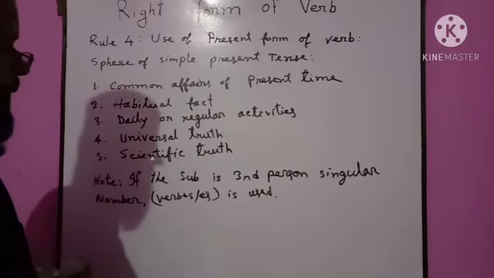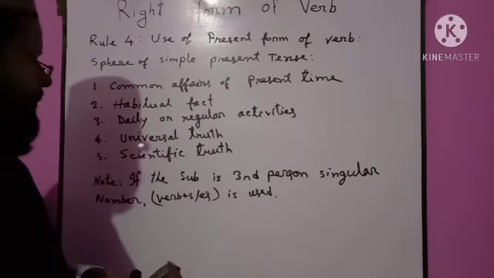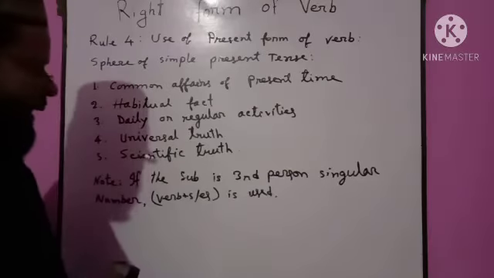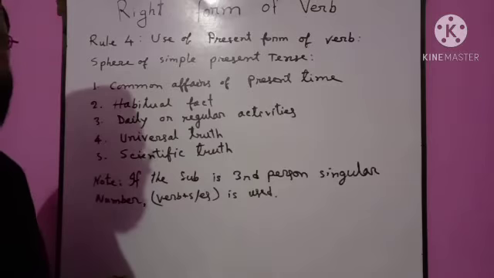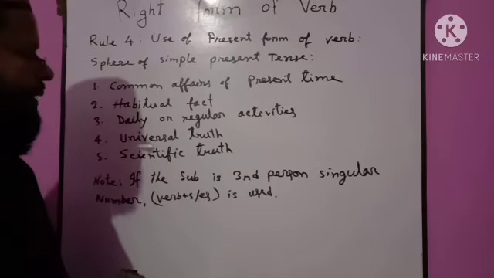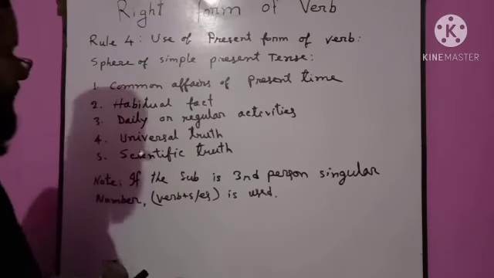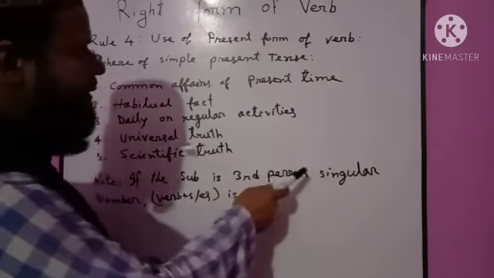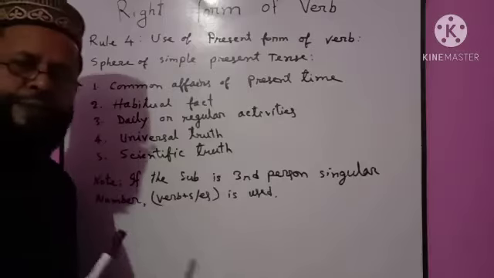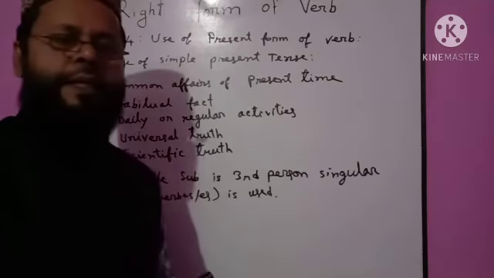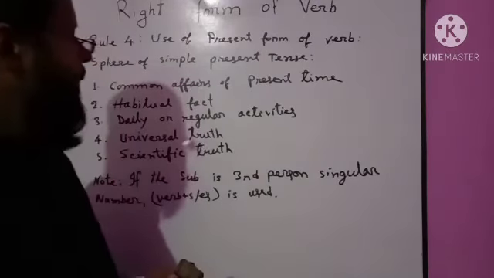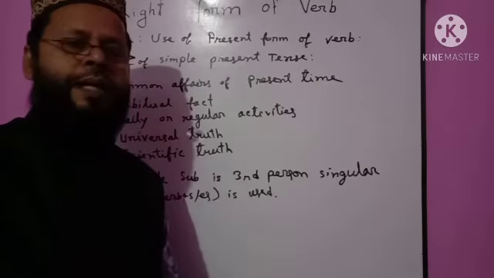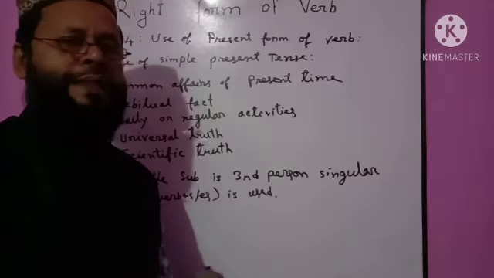We know that there are two forms of present form, verb plus s or es, and verb similar to the basic form of verb. If the subject is third person singular number, then we shall use verb plus s or es. Otherwise, we shall use the verb without s or es.